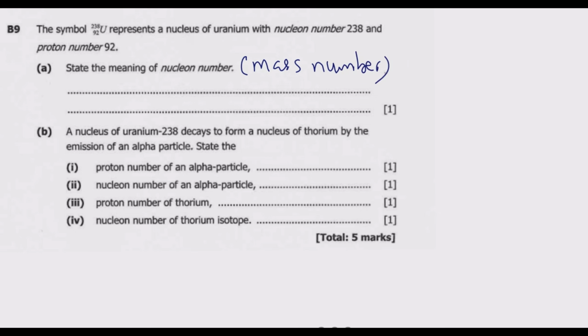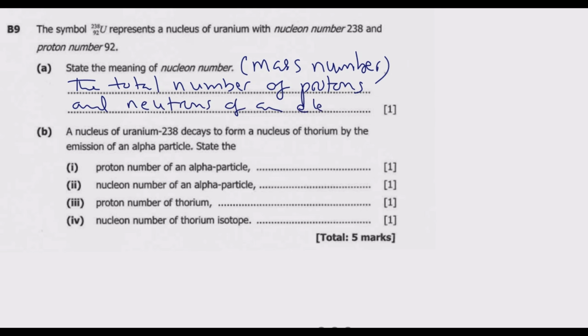It refers to the total number of protons and neutrons of an element. So when you sum protons and neutrons, that total number is the nucleon number or mass number.